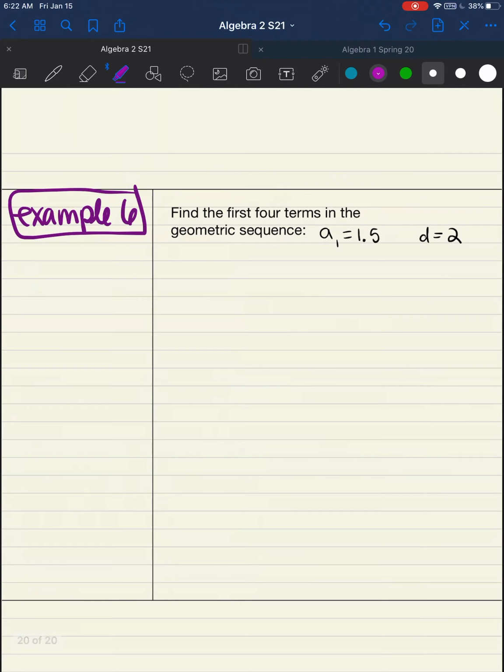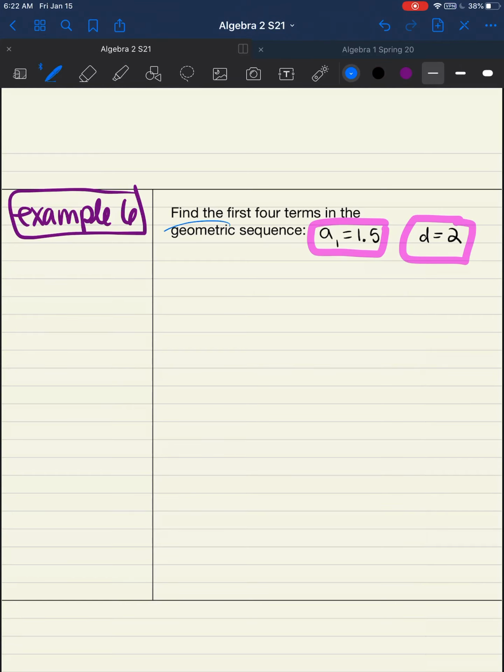All right, example 6 says find the first 4 terms in the geometric sequence. So the last couple examples have been arithmetic. All right, so this is our first term here, and this is our common difference.